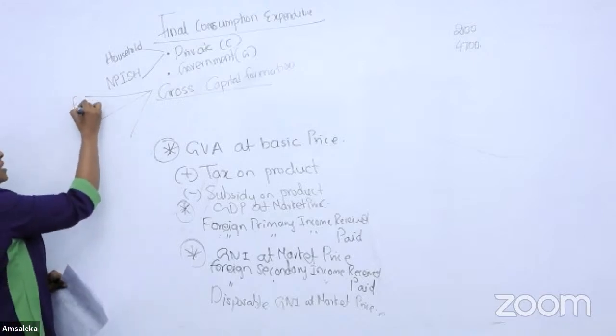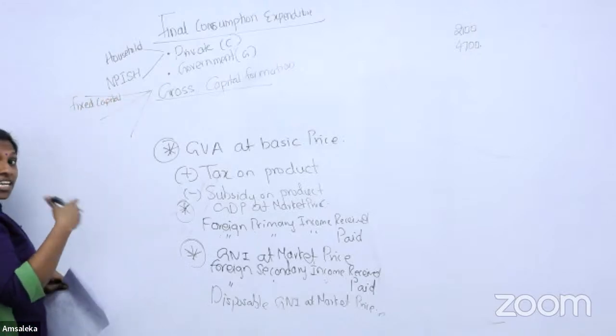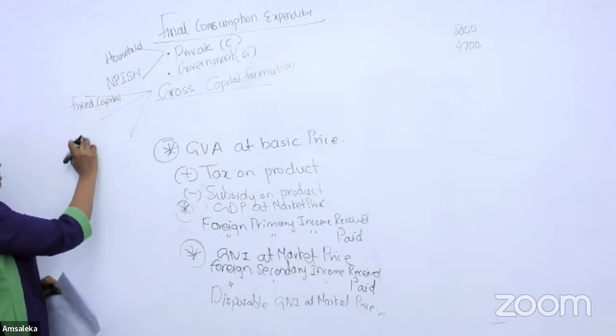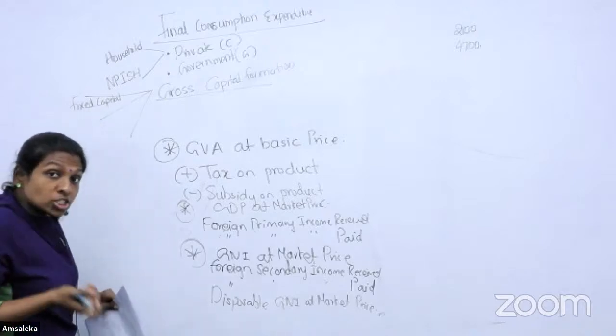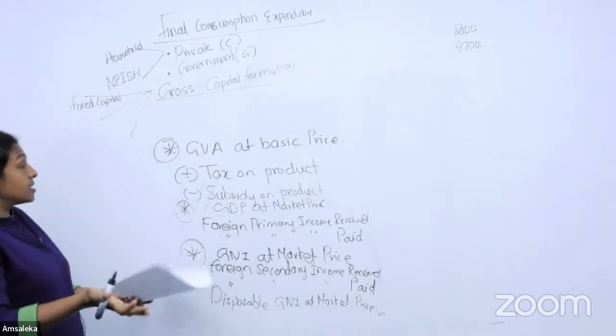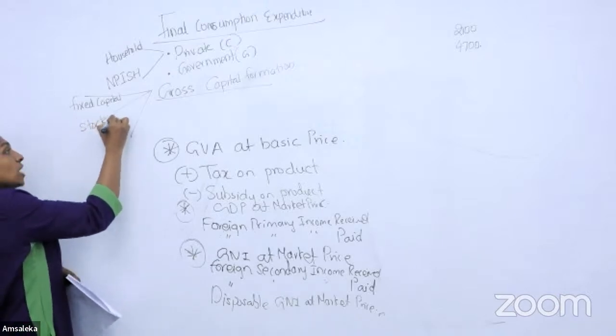One is fixed capital formation. What is fixed capital? Building, machinery, technology; that is fixed capital formation. Not consumption, formation. Consumption is depreciation. Formation means you create assets. Next, change in stocks. What is change in stocks?